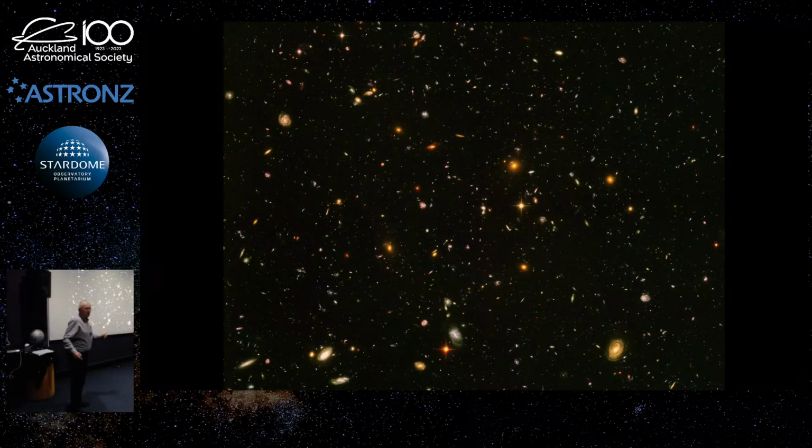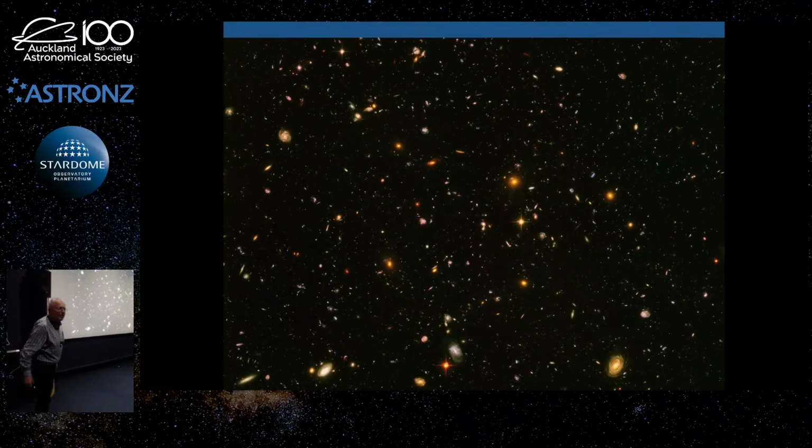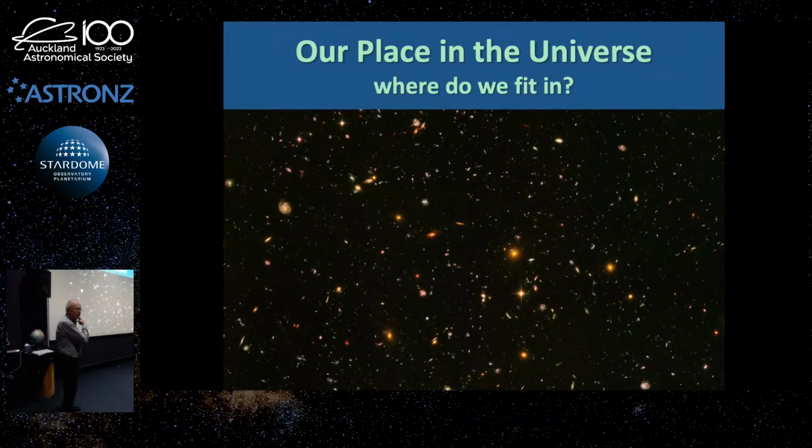It reflects the enormity of the universe: if you extrapolate that out, they estimate there could be up to 2 trillion galaxies in the universe. And of course, the next question you're probably thinking is, where do we fit in on all of that? That's why tonight's talk is titled, Our Place in the Universe, Where Do We Fit In?